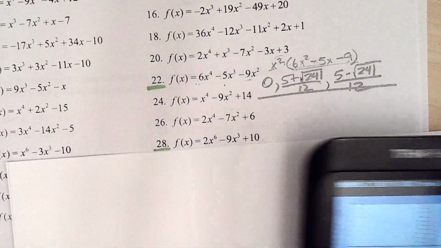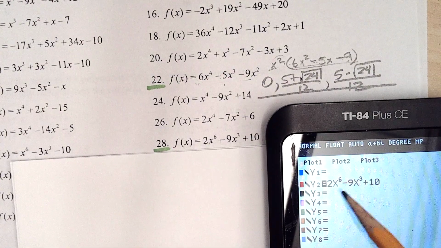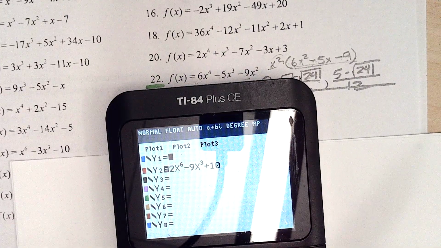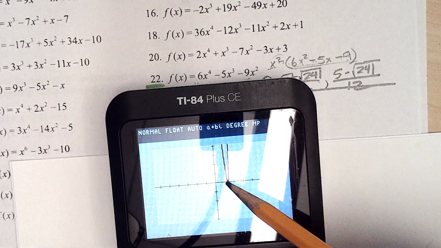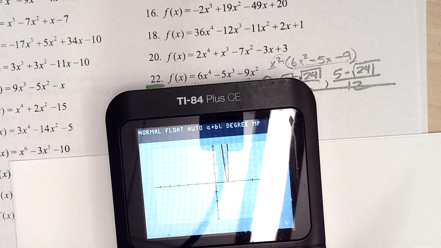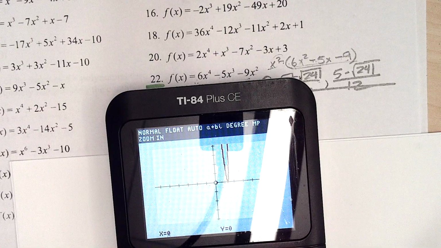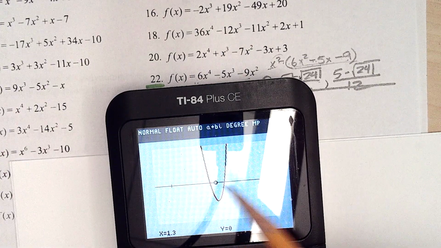Ooh, did I type that in right? 2x to the 6 minus 9x to the third plus 10. Zoom 4. Let's see what it looks like here. It looks like it might cross right there. Let's zoom in on this place. Oh, it does. Zoom in again. Crosses at 2 different places.